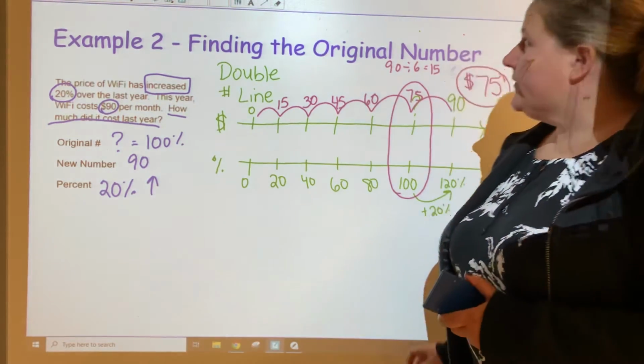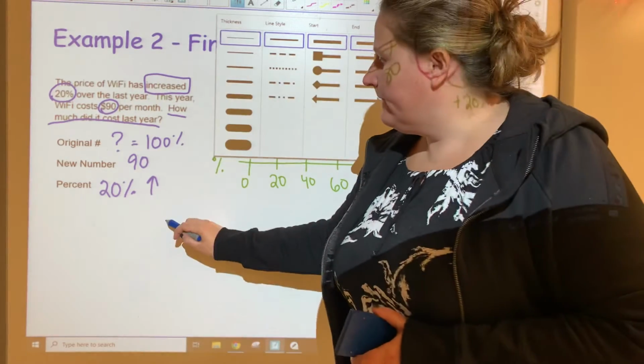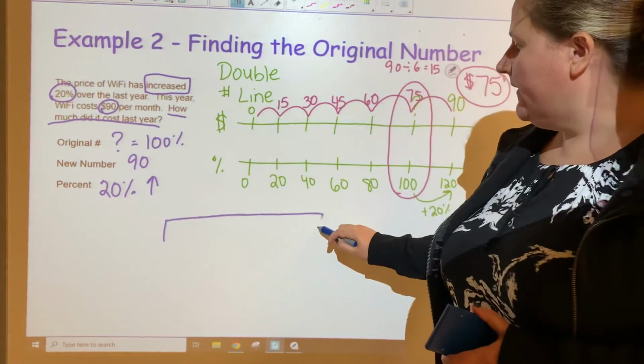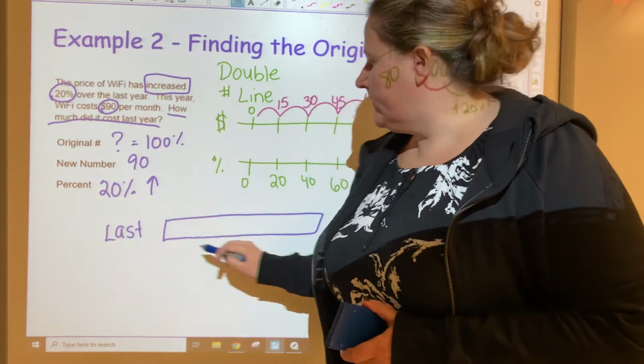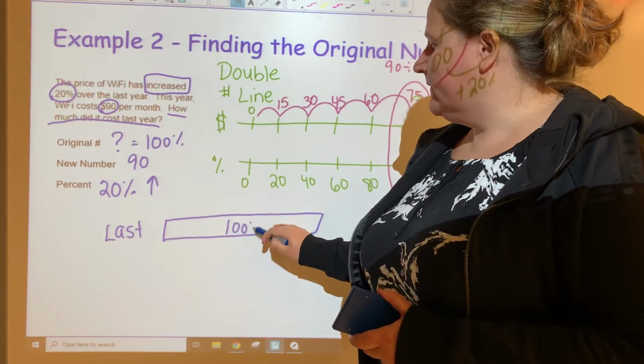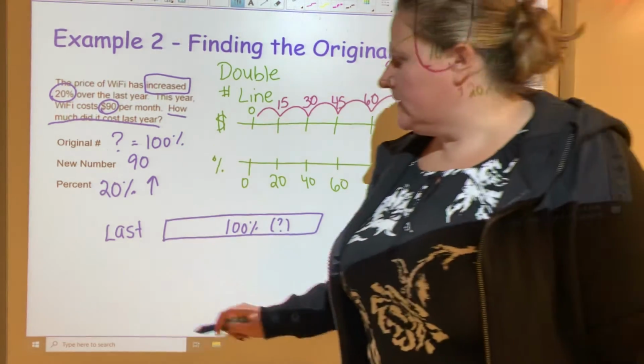Now, if I want to represent this with a picture, I can think about, okay, we're trying to figure out last year, and that's 100%, and we don't know what that is, right? That's my missing number.